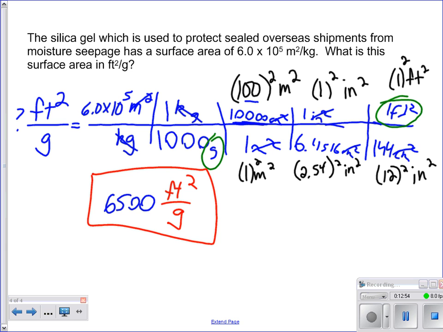Here we have 6.45, etc. That comes from the fact that that's 2.54 squared, inches squared. So that's where these numbers are coming from. So I rewrote some of that stuff in black just to show where those values came from. The answer rounded to 2 sig figs is 6500 square feet per gram. That wraps up the first unit.